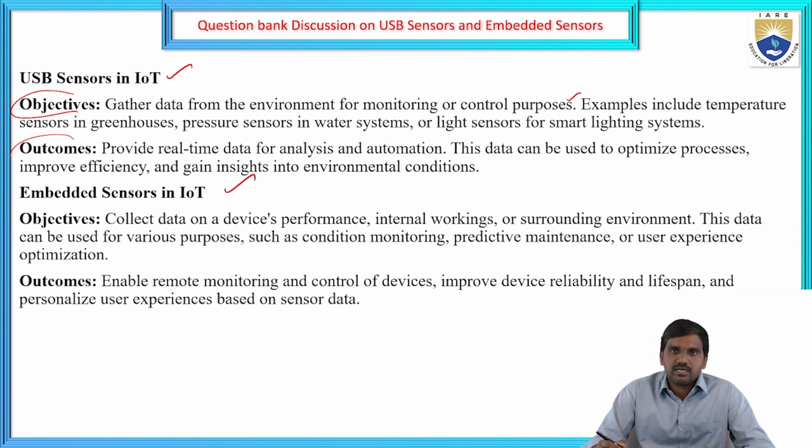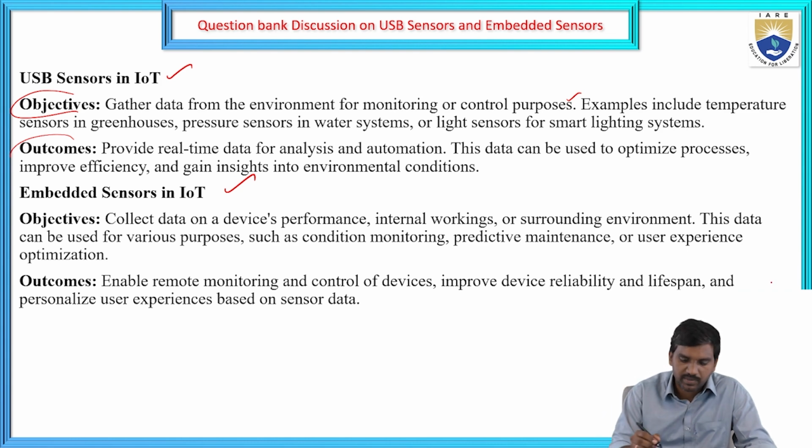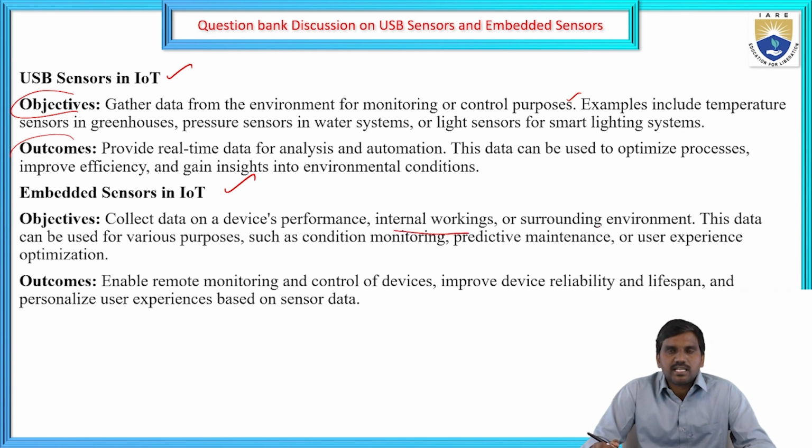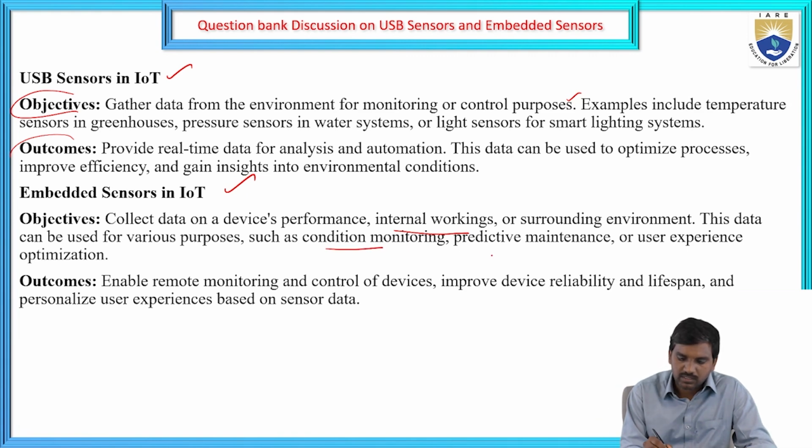And coming to embedded sensors in IoT, here are the objectives and outcomes. What are the objectives? They collect data on a particular device's performance, internal working, and surrounding environment. This data can be used for various purposes such as condition monitoring, predictive maintenance, or user experience optimization.